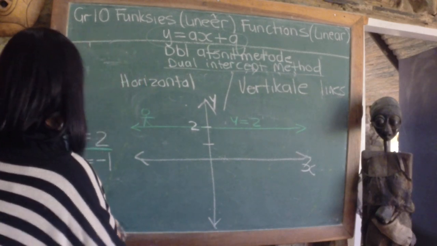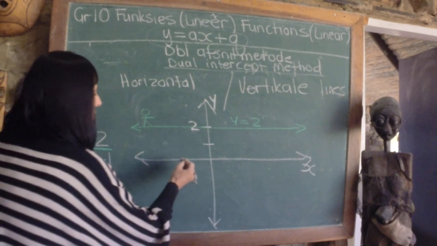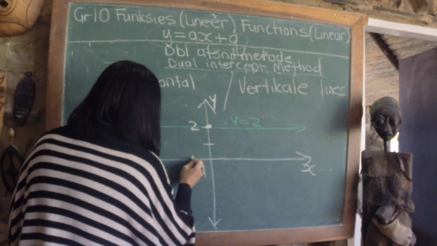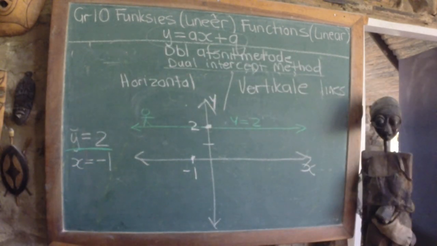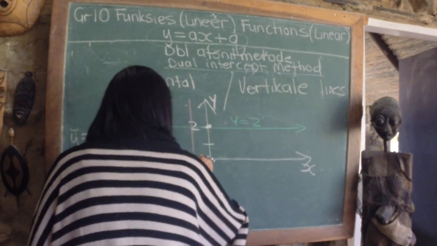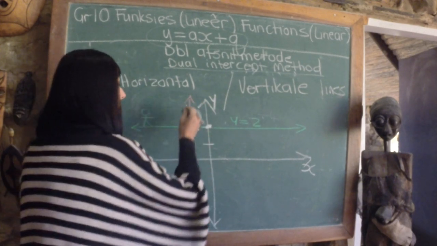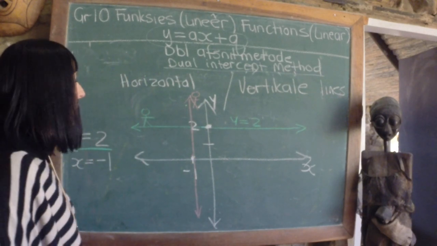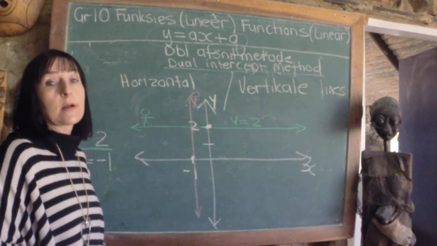Okay. When it's x equals minus 1, then you go to your x-axis at minus 1. You draw a point there, and then you draw a vertical line parallel to the y-axis. And if you are a little man now, you are in trouble. Because you're going to fall and you are never going to come back.